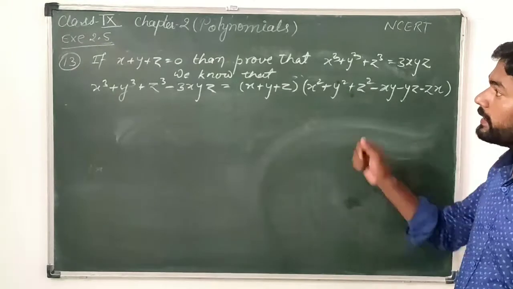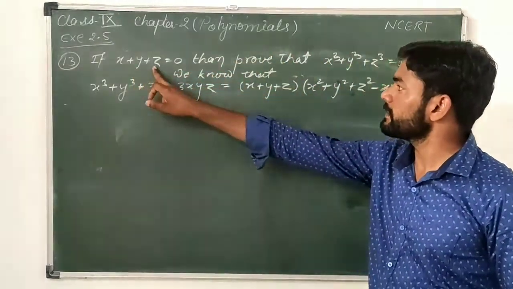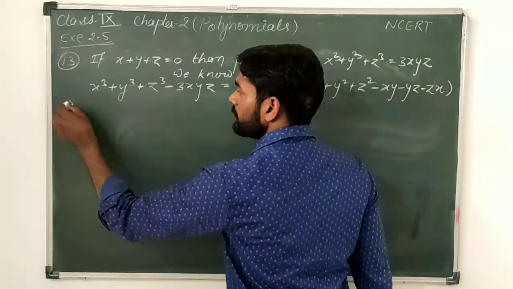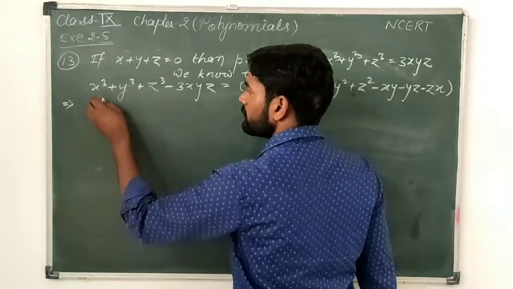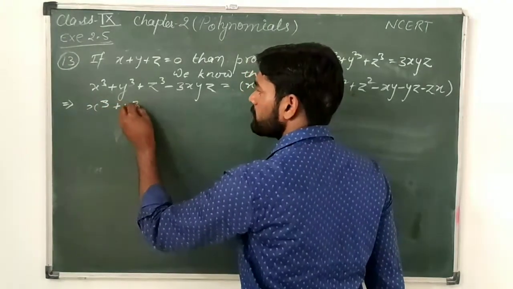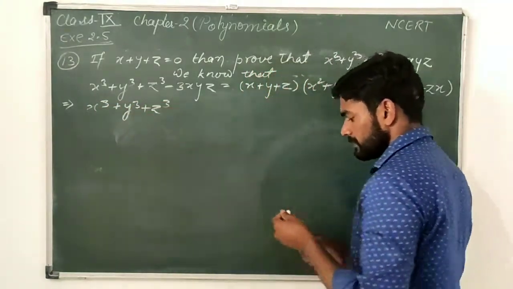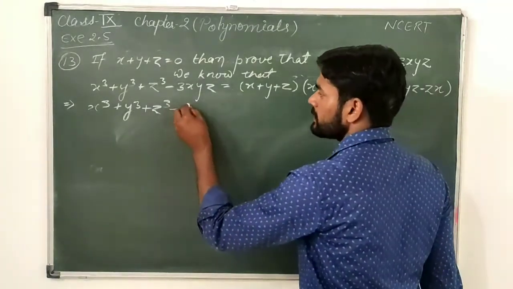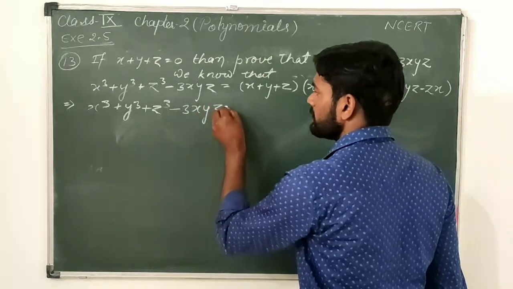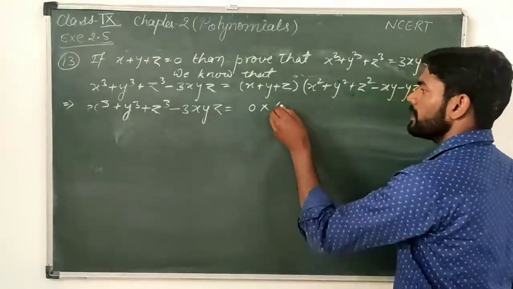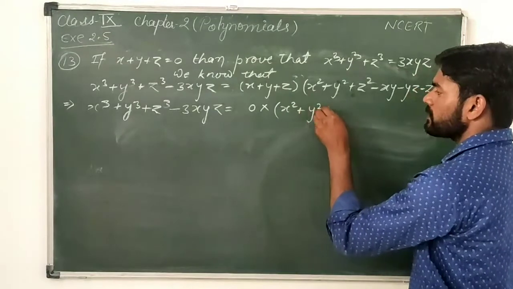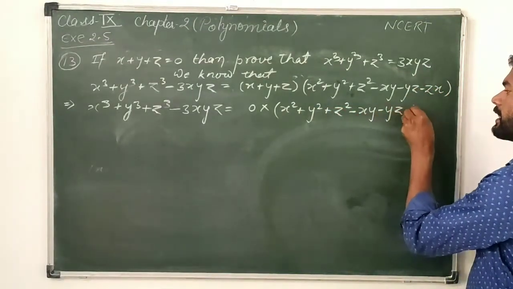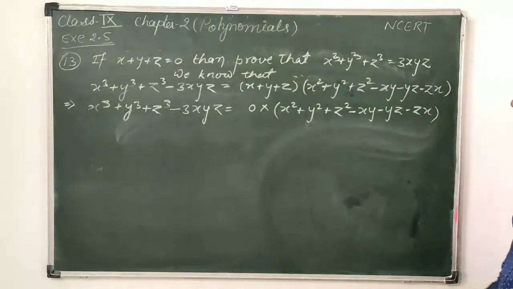Now in this case it is given that x plus y plus z is 0, so apply it here. x cube plus y cube plus z cube minus 3xyz is equal to 0 into x square plus y square plus z square minus xy minus yz and minus zx.